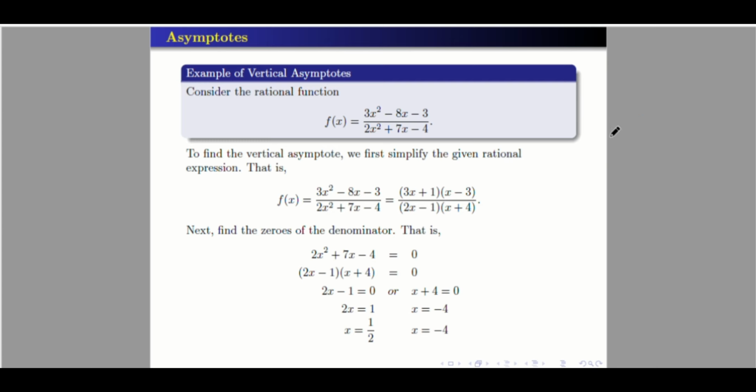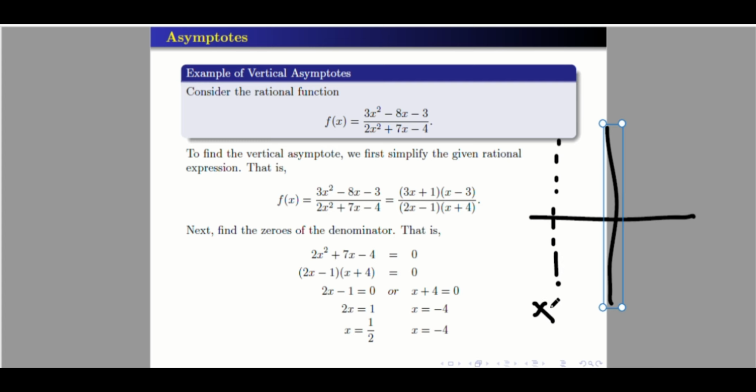So in our graph, we have negative 4. We have broken lines here. This is one of our vertical asymptotes, x equals negative 4. And the other one is x equals 1/2. Now, why is it a broken line?